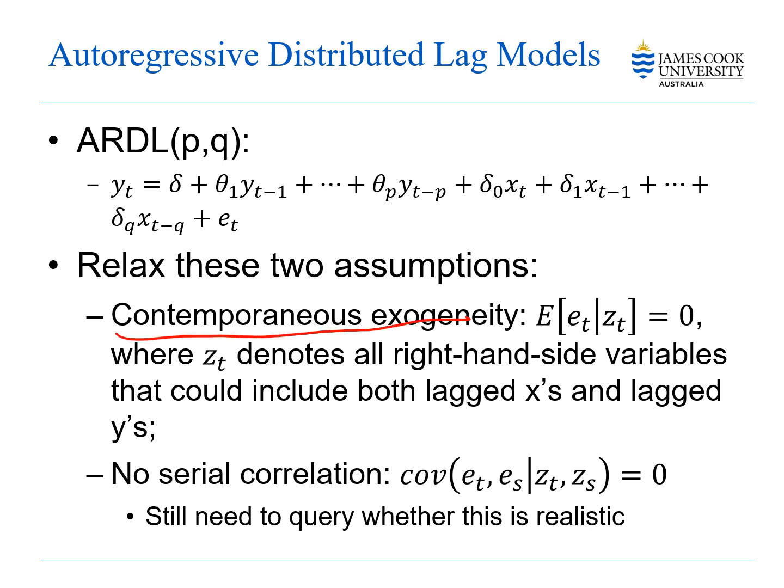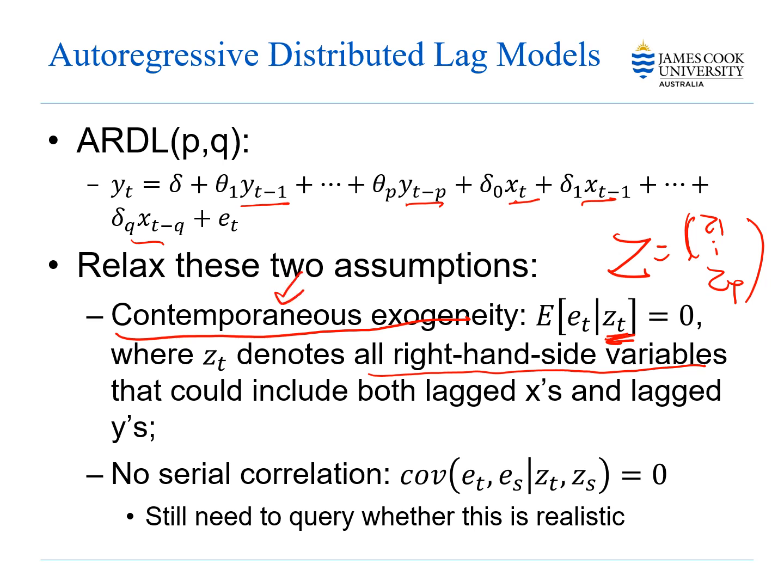That means now we are conditioning on Xt, not the whole X, where X is X1 until X big T. So condition on the current period, which contains all right-hand side variables. That could include both lagged X and lagged Y.